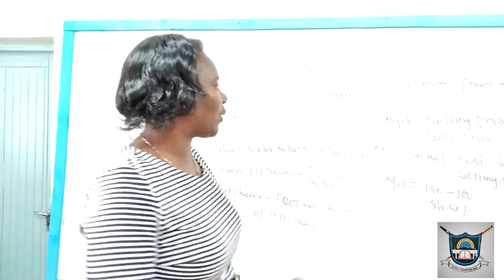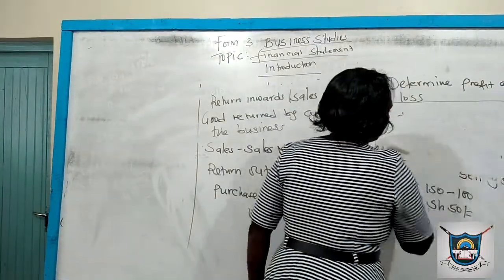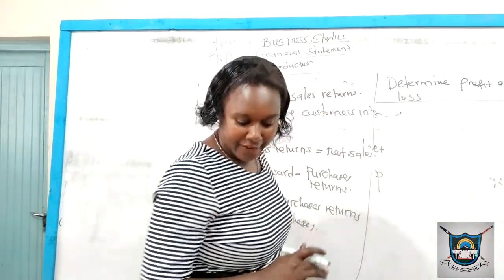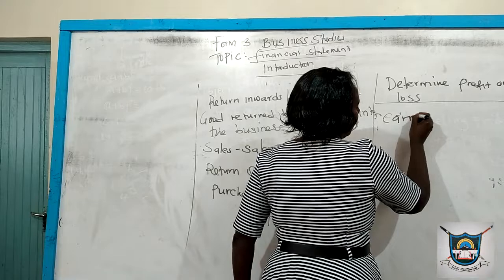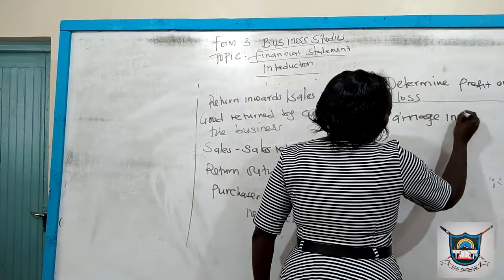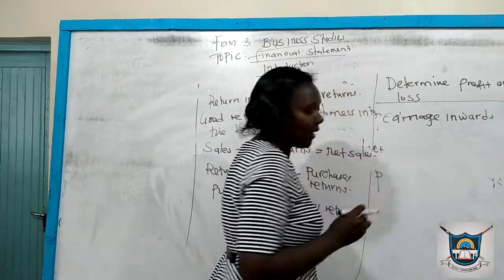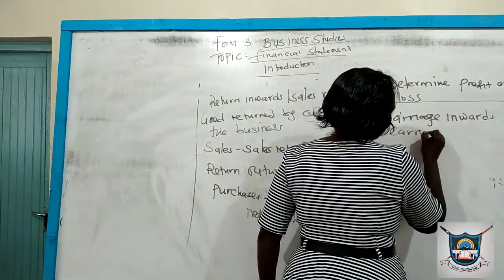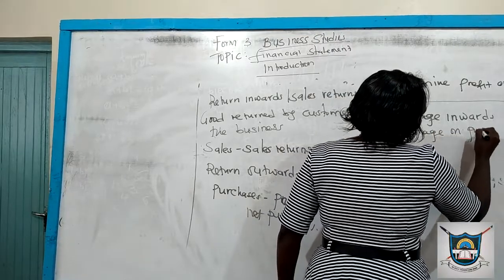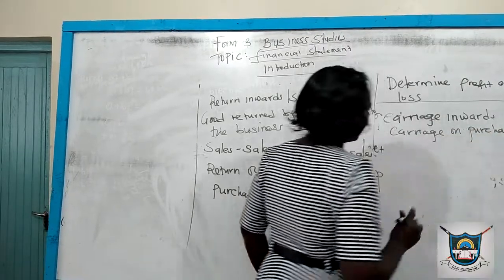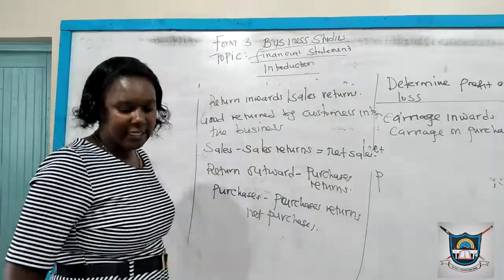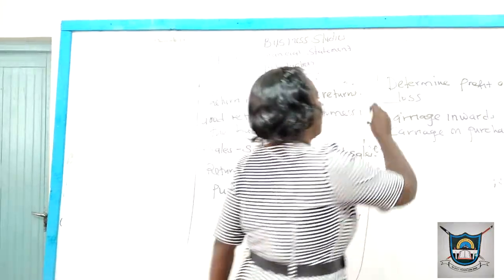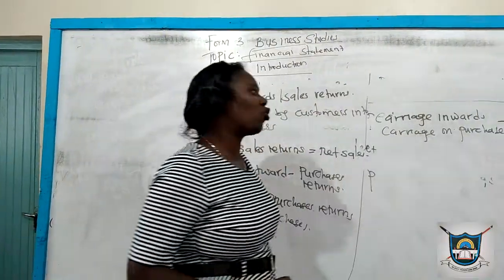The other term that we are going to find in this topic is carriage inward. We also call it carriage on purchases. This is the cost incurred in transporting the goods bought.